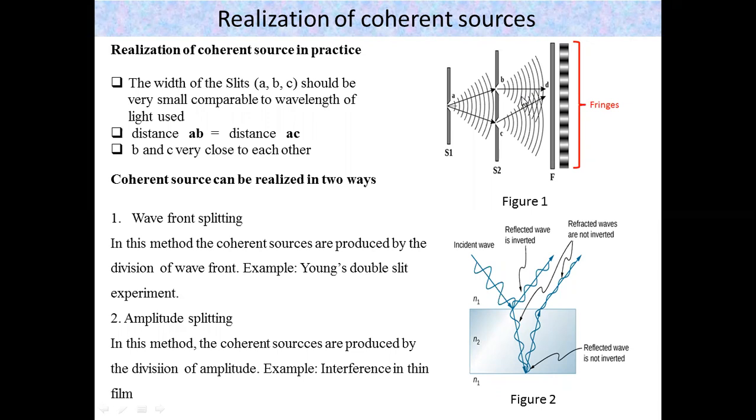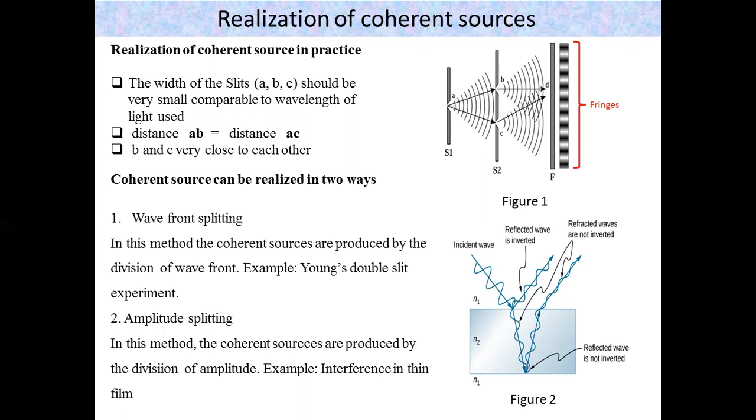In this method, the light wavefront emerging from a narrow slit A is incident on the surface of the two parallel slits B and C. So the initial wavefront A is divided into two wavefronts.